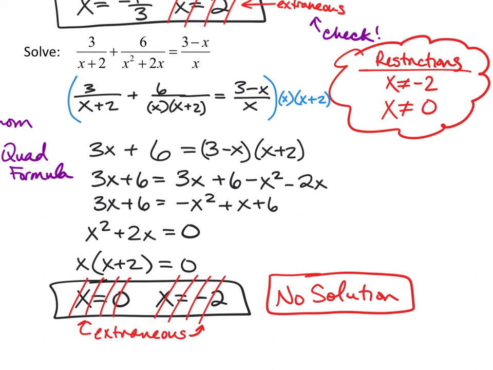Let's walk back through the steps one more time because I know I've probably lost some of you. Number 1, I factored the denominator. Then I checked for my restrictions. Then I multiplied by the common denominator. After that step, the problems turn out a little bit different. We haven't at this point had to FOIL the right-hand side, but that's what I had to do here to start simplifying.